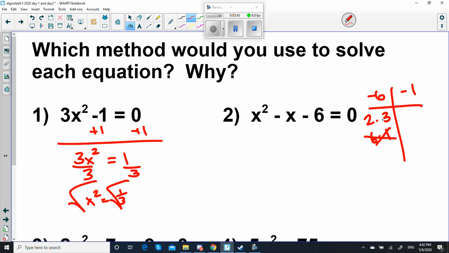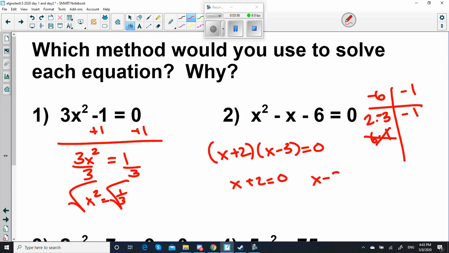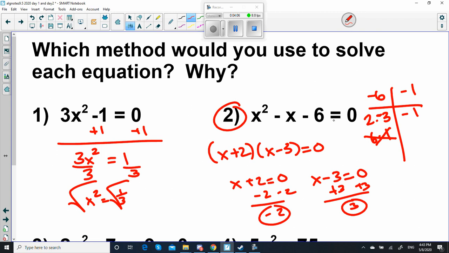And I need a negative, so that means the big one is going to be negative. So this factors like this: x plus 2, x minus 3 equals 0. I set both of the parentheses equal to 0 and solve. That first one is -2, and that second one is 3. So I'd use factoring here for sure, because it factors.